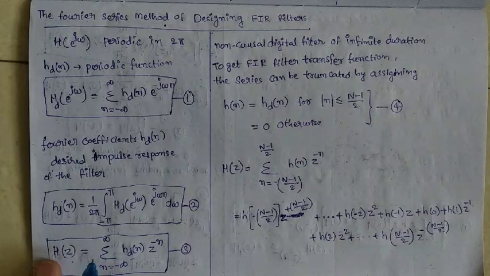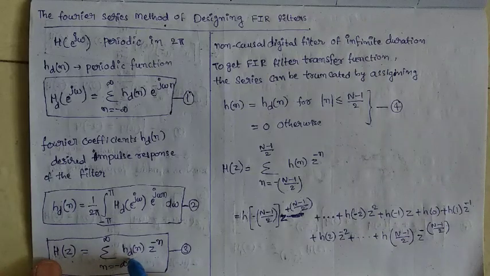To get a causal system, that is, to obtain the FIR filter transfer function, how can we do it? We truncate this hd of n. Truncating hd of n means we represent the impulse response h of n, defined about the origin, in terms of hd of n.